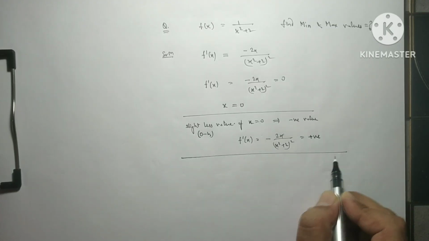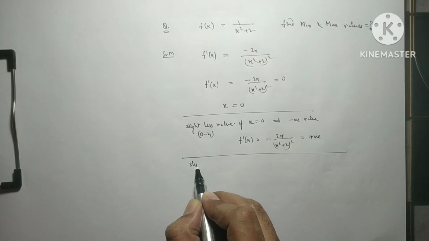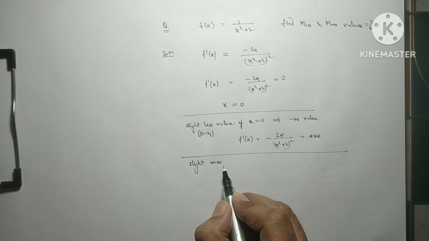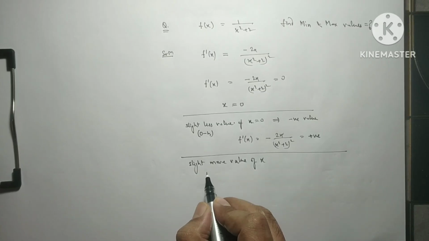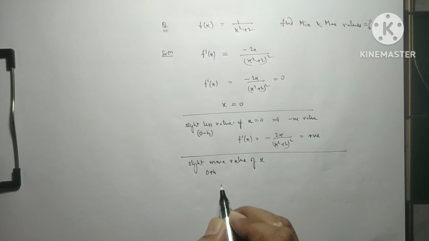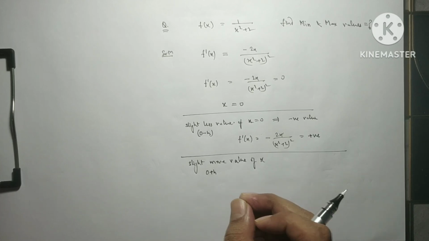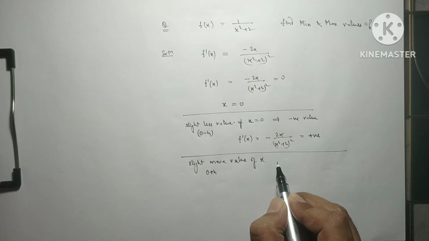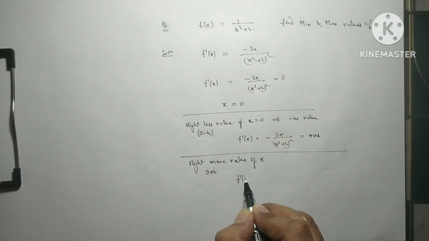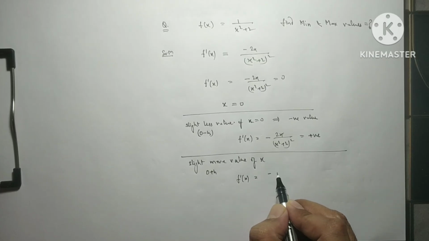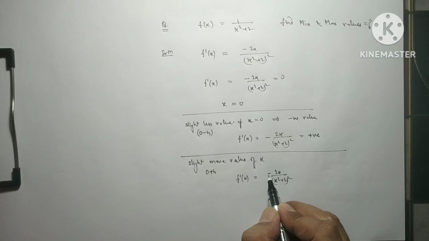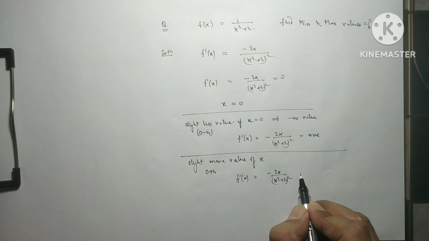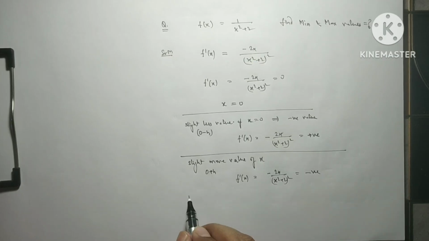Now we put a slightly more value. Let us consider 0 plus h, or a slightly positive value just like 0.1, in f dash x. So f dash x is minus 2x over x square plus 2 whole square, so this is positive, and this is positive, but with this negative, on the product of these we get a negative value.